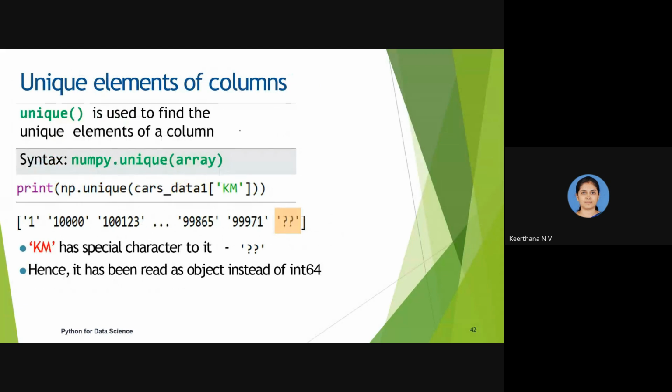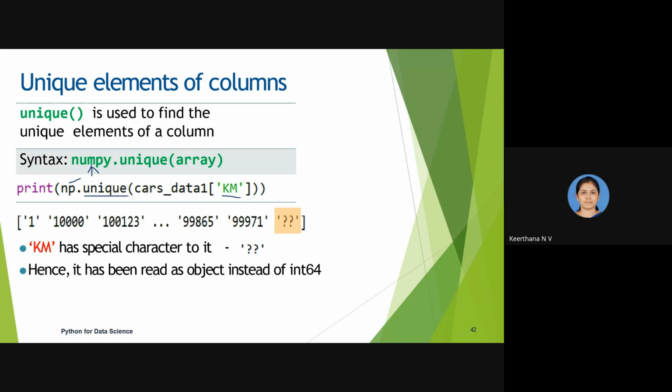Unique elements of the column. You can check how many unique values are present in it. Suppose I want to check how many unique values are present in the KM column. Here you have to give np.unique. np is an alias for the NumPy package.